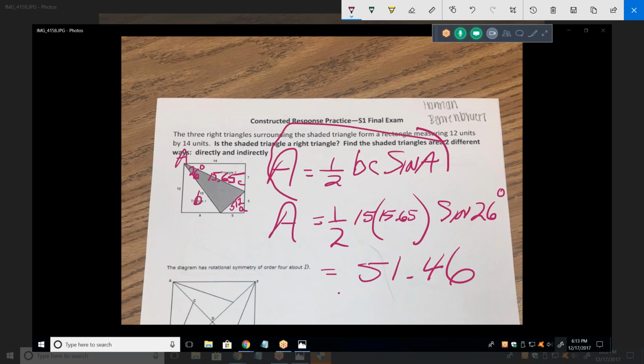It was 52.5. Oh, really? Wow. There's a lot of round off error going on, because this 15.65 was rounded off, correct?